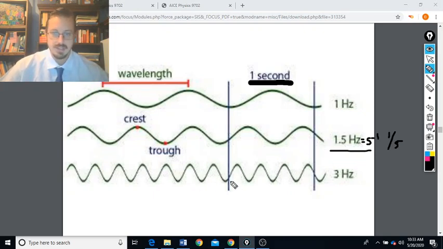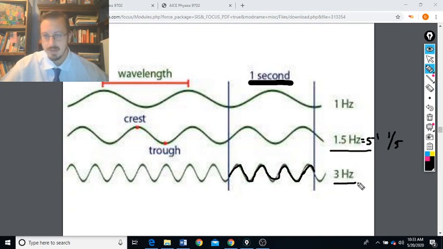Let's take a look at this example now. Here we can see there's 1 wave, 2 waves, 3 waves, right? 1, 2, 3, and maybe a half.